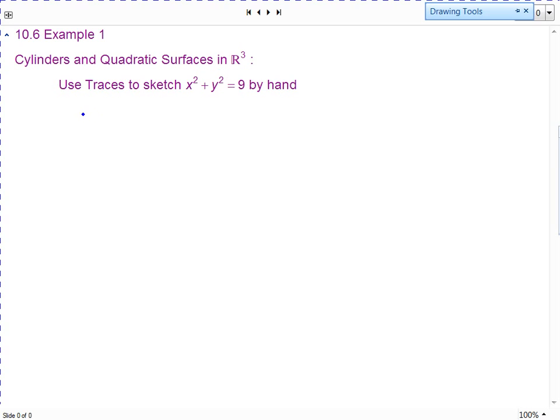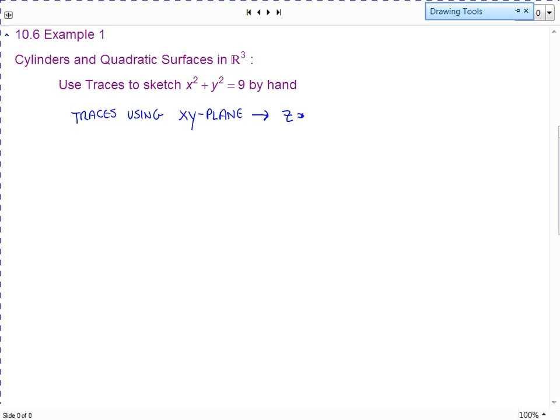First thing I'm going to do is I'm going to do traces using the XY plane. In other words, I'm going to let Z be free, right? The XY plane means Z is 0, right?